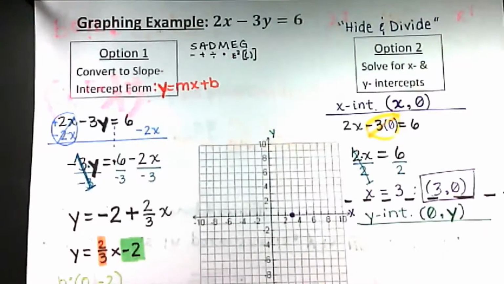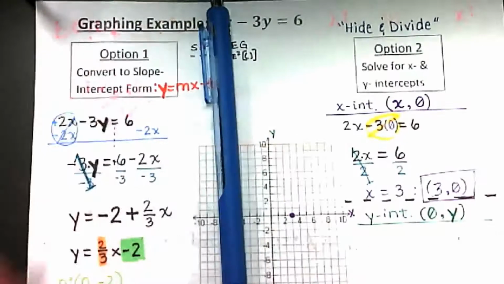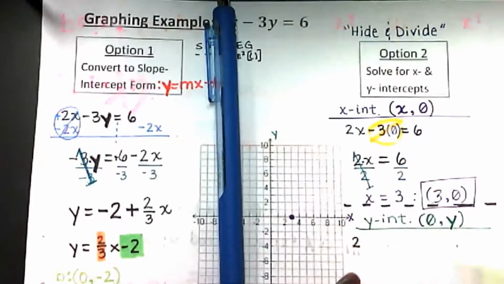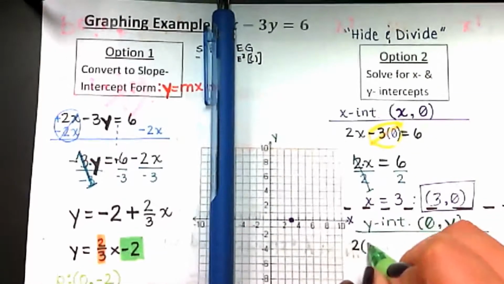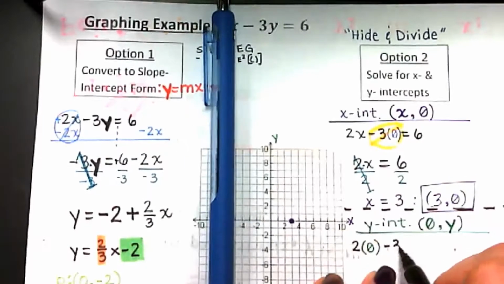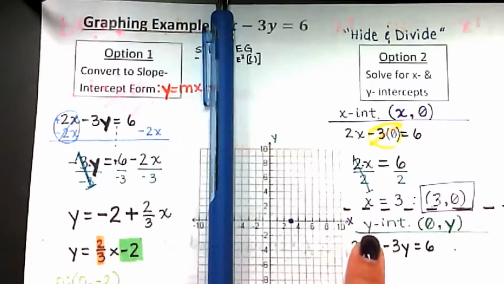Now, we'd be using the exact same equation, but this time, what I would try and hide would be my x. I really don't care about it. And just the same, I would do 2, and I'm going to substitute my x value with 0, and then minus 3y equals 6.